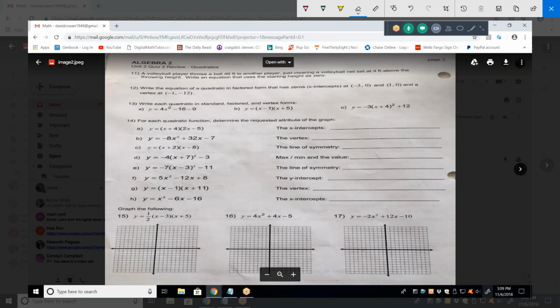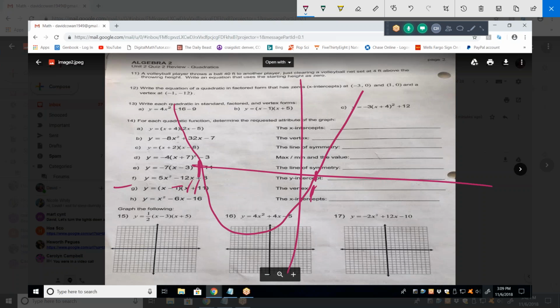There is one, let me just ask you quickly about. Let's just make sure you know how to get the vertex on this one. This is just a little trick that you may not realize until you do it. What format is it in? It's in factored format, right? What's the other word for factored format? X-intercept format, meaning your x-intercepts are at 1 and minus 11. And we have a positive coefficient, so we know it's a parabola that opens up.